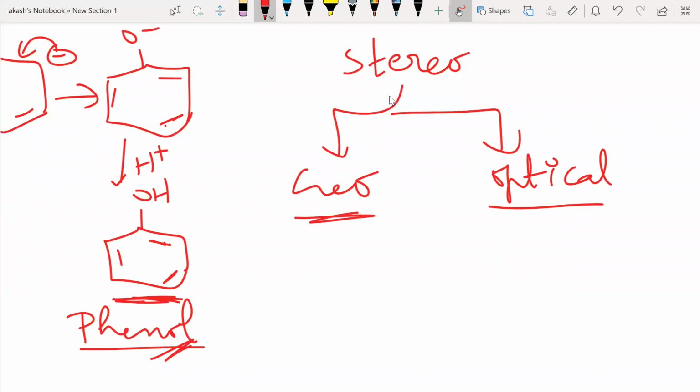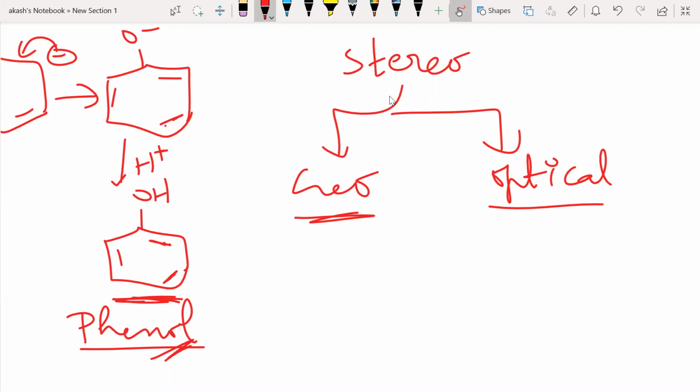What do you mean by geometrical isomerism? Going back to the definition of isomerism, can you tell me the proper definition? Not structural, just isomerism. How do you define isomerism?